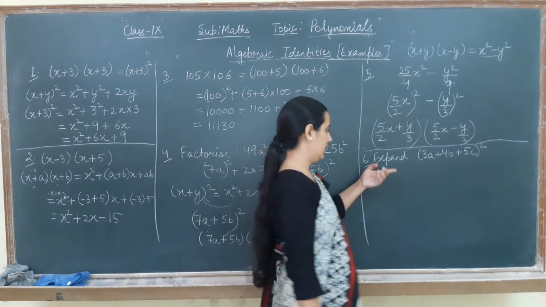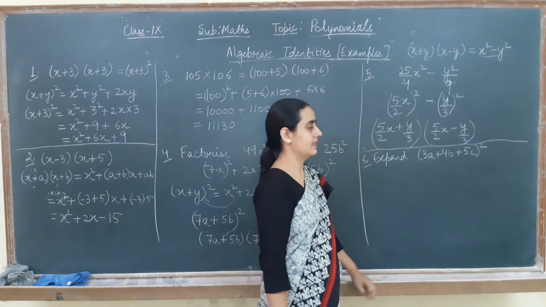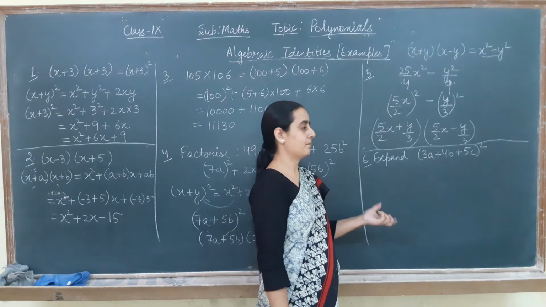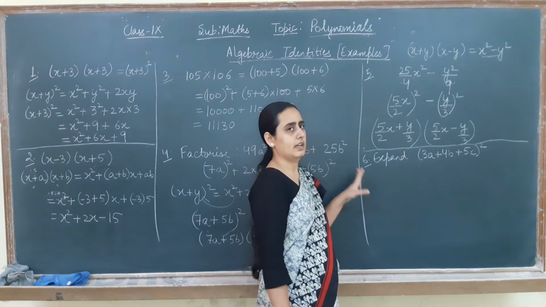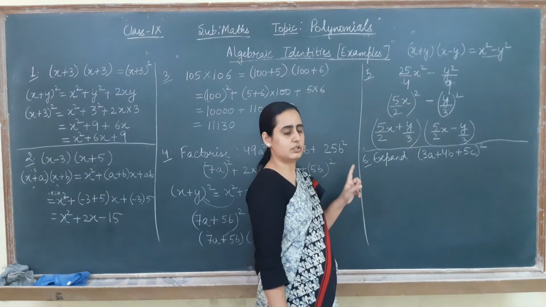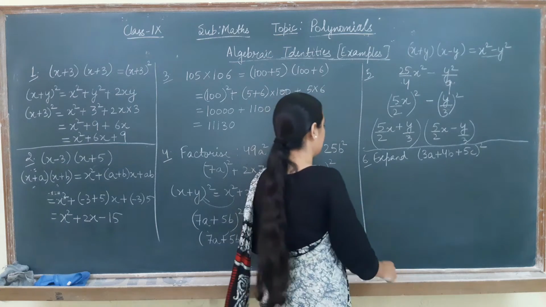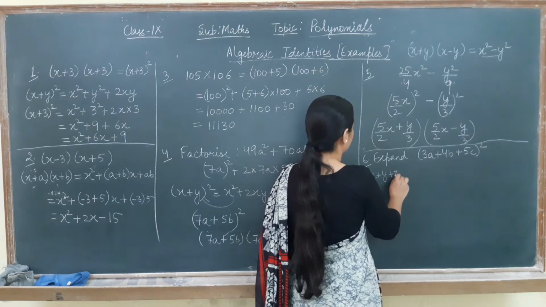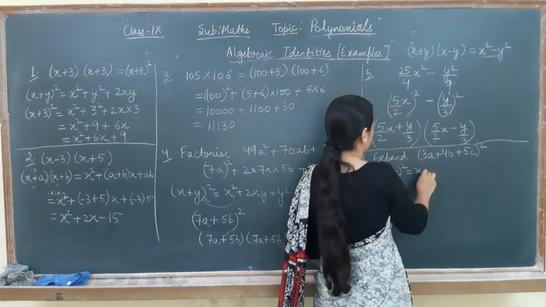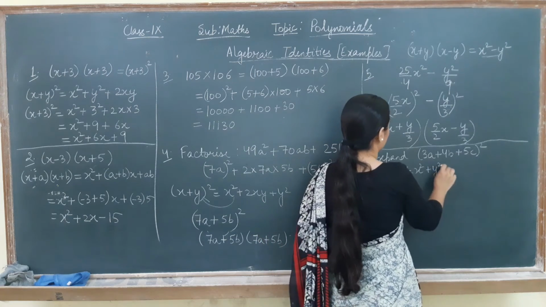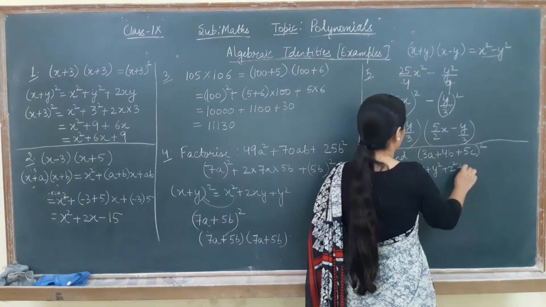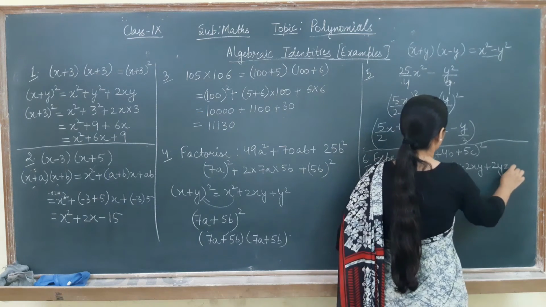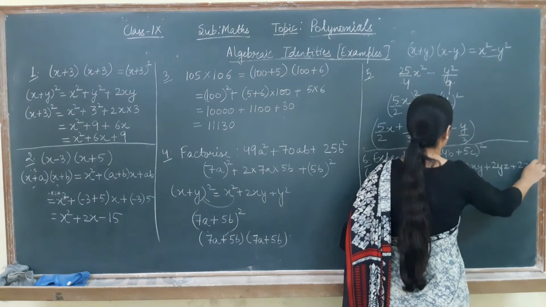Now the last example which I have taken here is expand. Expand means simply you put the identity. The identity is x plus y plus z whole square. So if you remember the identity, let me write the identity here: x square plus y square plus z square plus 2xy plus 2yz plus 2zx.